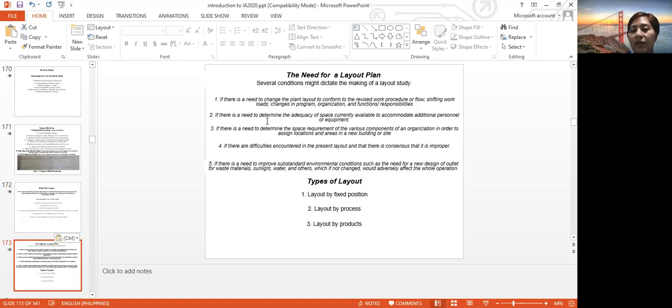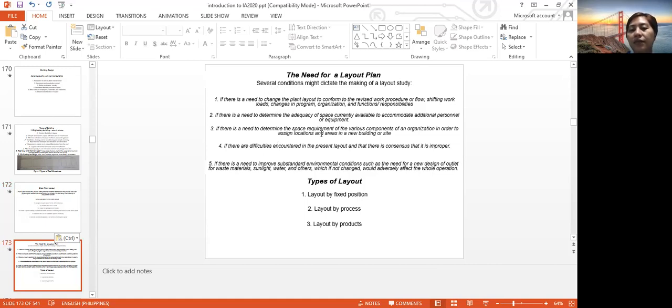Second, if there is a need to determine the adequacy of space currently available to accommodate additional personnel or equipment. Third, if there is a need to determine the space requirement of the various components of an organization in order to assign locations and areas in a new building or site. Fourth, if there are difficulties encountered in the present layout and there is a consensus that it is improper.